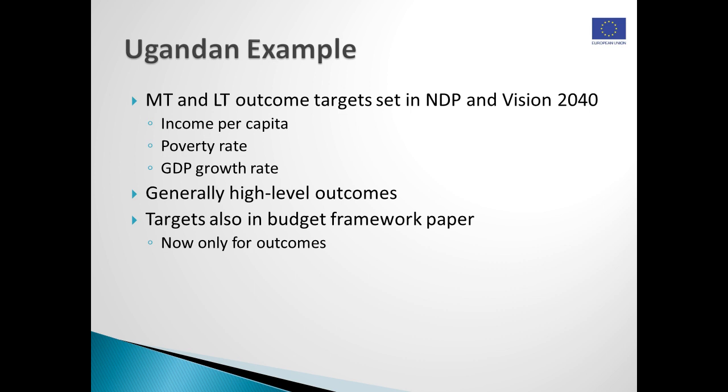And in each case, there is a clear numerical target and a clear timeline for the achievement of that target. As these examples show, these are generally targets for high-level outcomes. Targets are also set in the Ugandan Budget Framework paper, although in the most recent one, these are targets only for outcomes and no longer for outputs.